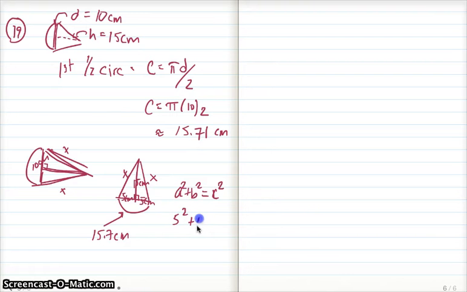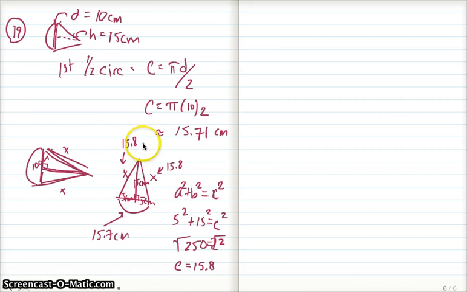So 5 squared plus 15 squared should equal c squared. When we go ahead and calculate that, we get 250 is equal to c squared. To undo a square, we actually square root, and we will go ahead and get about 15.8 for this length here. This is an isosceles triangle, so I can go ahead and label that.